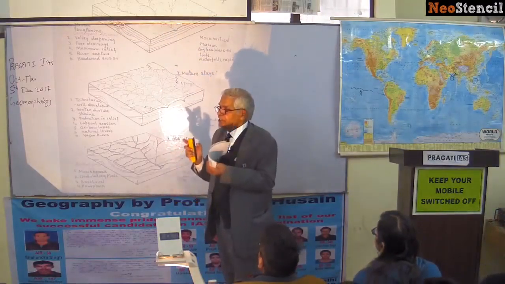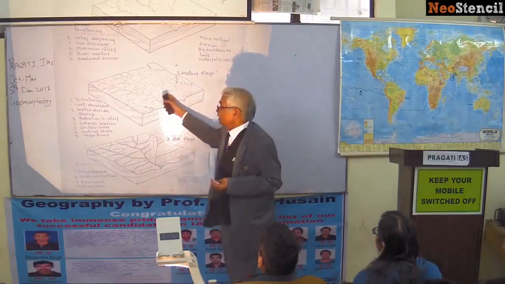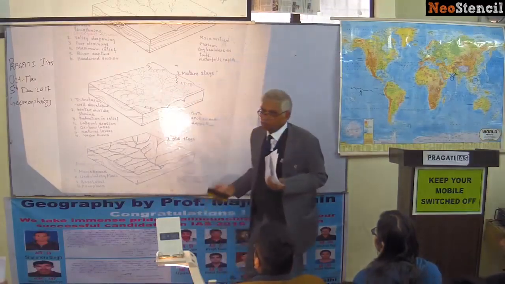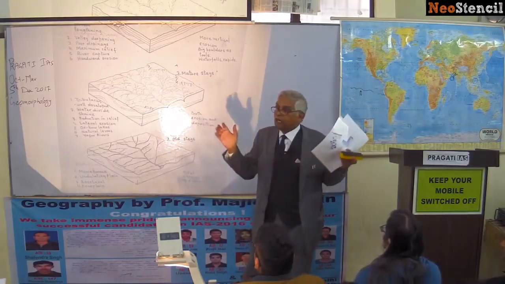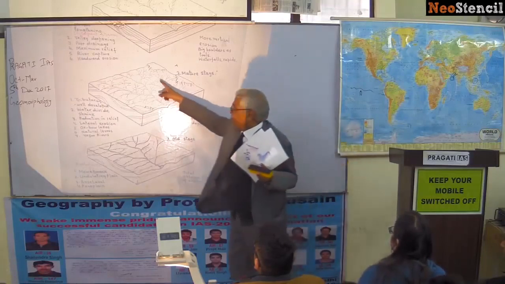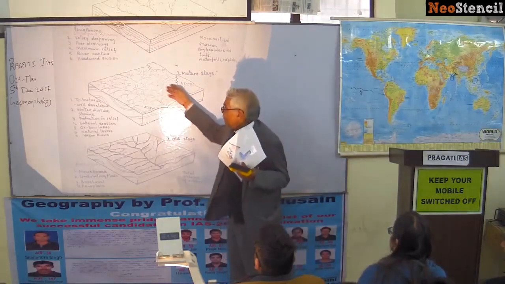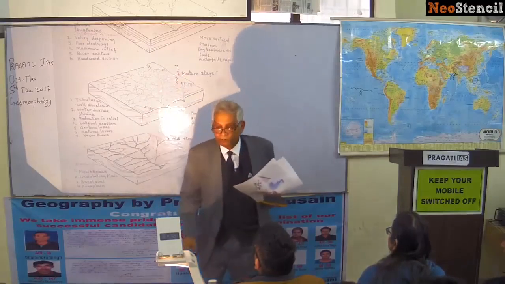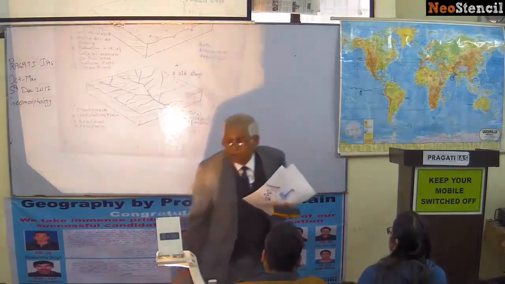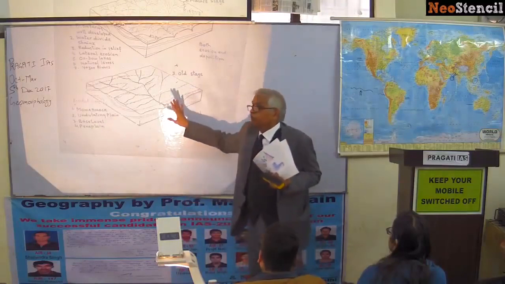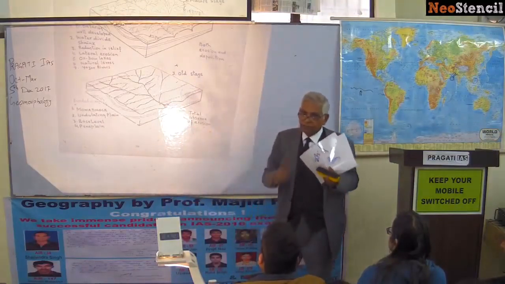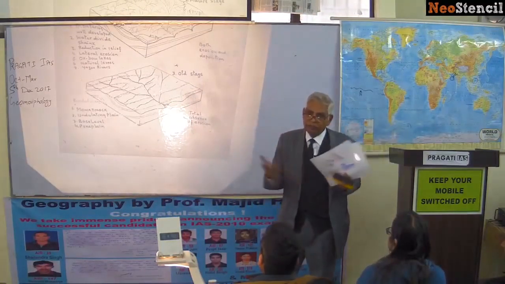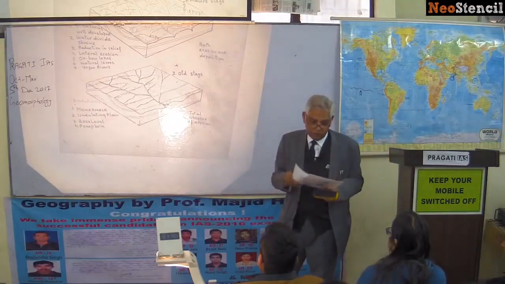There are small channels developing. But here there is a dense network. The divides, water divides have been reduced. The water is going from this side to this and this side. So complete network. In the final old stage, you will observe only a few important rivers. Rest slope disappeared. The tributaries also disappeared.